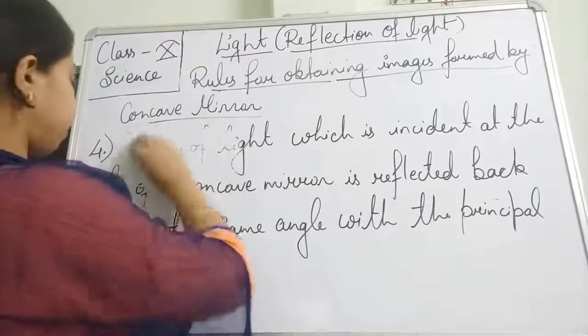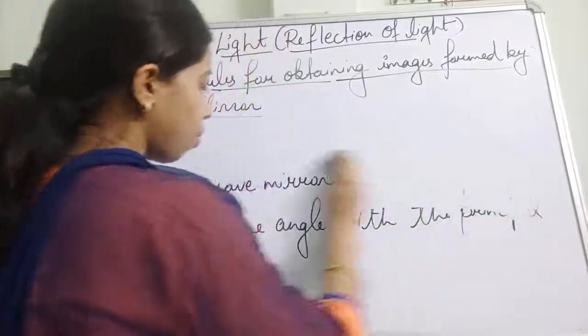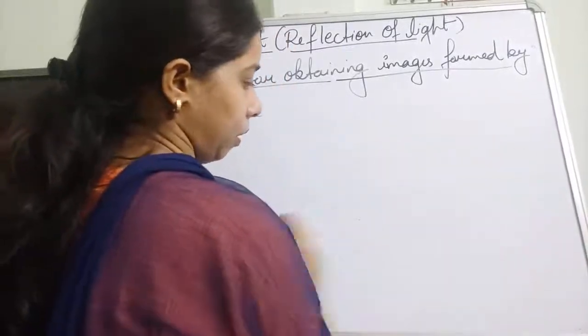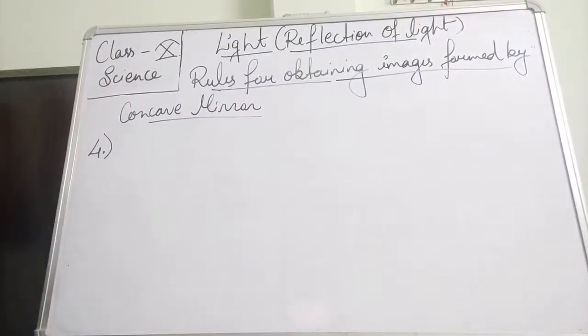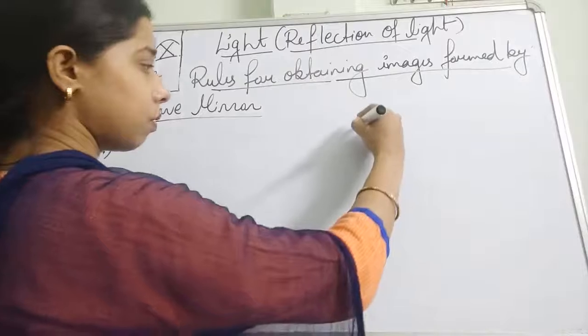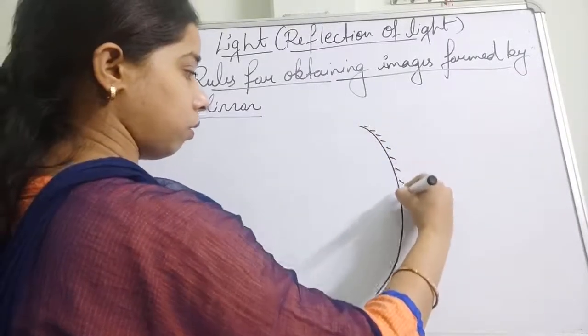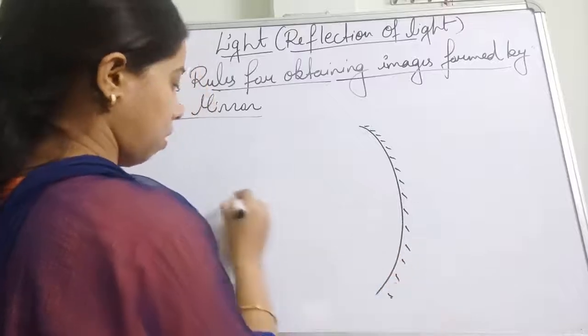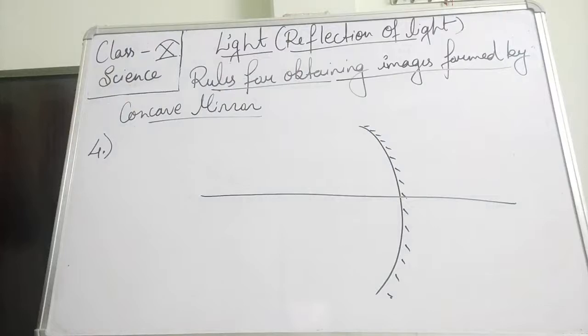Suppose we draw the diagram in order to understand this rule. Here this is a concave mirror, and this is the principal axis.